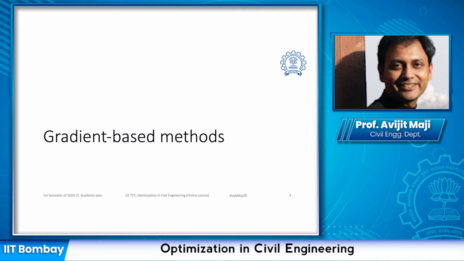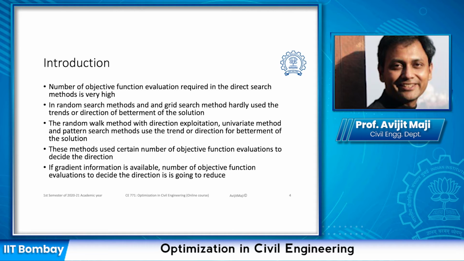So to start with the gradient based method, we have to understand the limitations of the other methods and the benefit of the gradient based method. If you look into the previous direct search methods, you realize that the number of objective function evaluations required in those methods is very high.